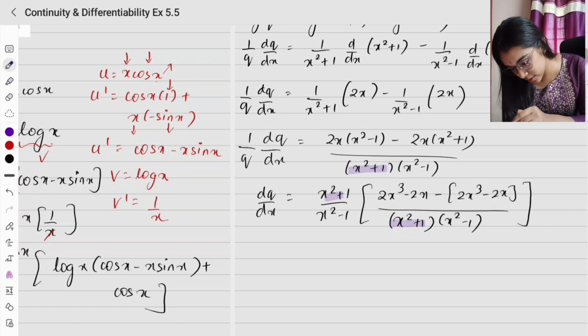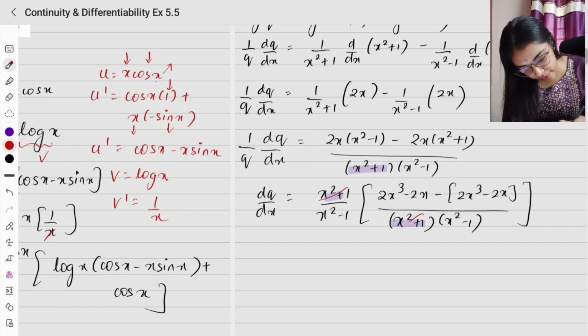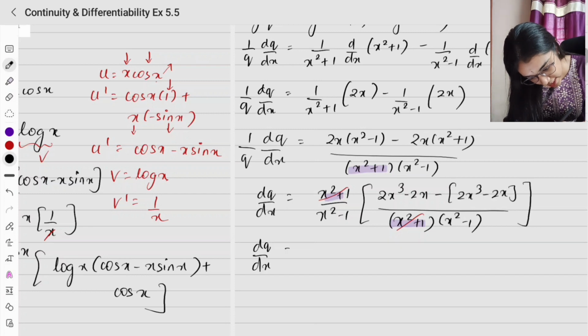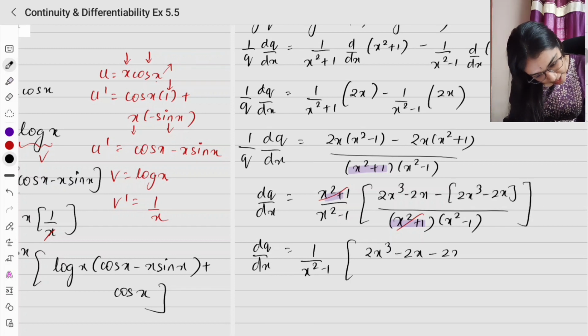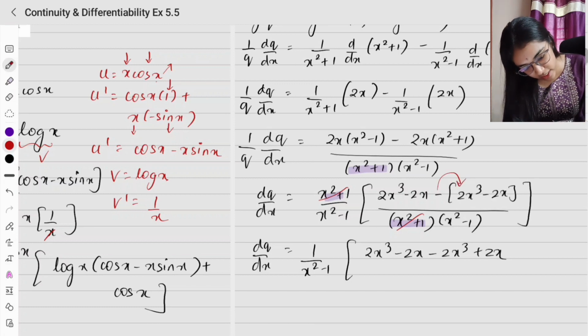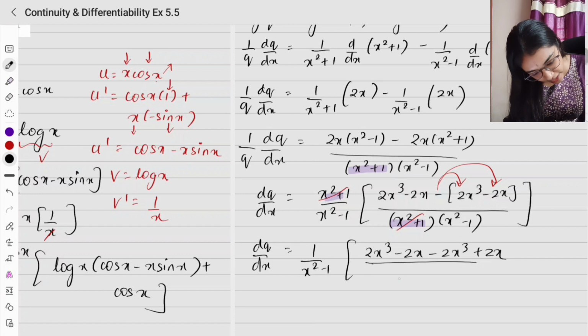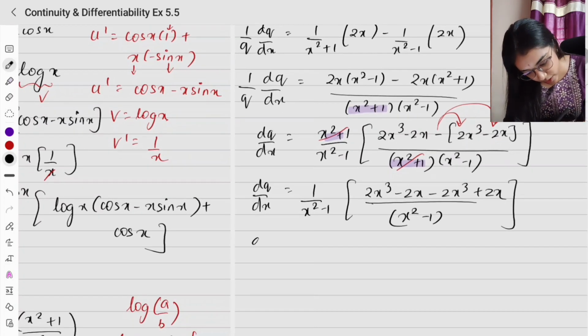So when I cancel those two, dq by dx is going to be 1 divided by x square minus 1 times 2x cube minus 2x minus 2x cube plus 2x. I'm multiplying the minus inside. You see, when you multiply the minus inside, I'll have minus and plus for the two consecutive terms. Then here I'll be left with x square minus 1. Now the denominator has x square minus 1, and it becomes a square. In the numerator, the 2x cube and the 2x cube will get cancelled.